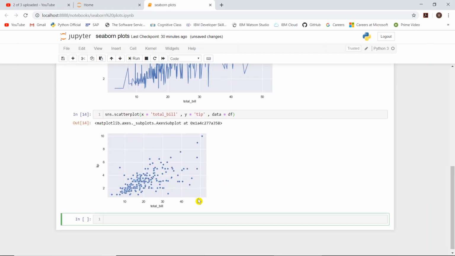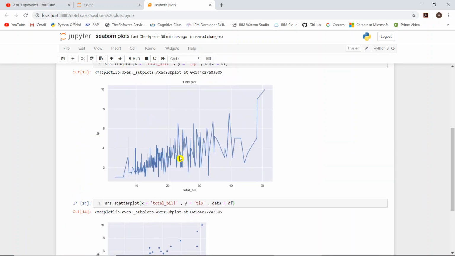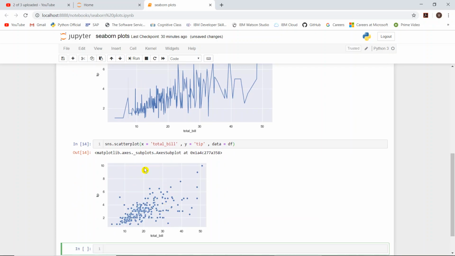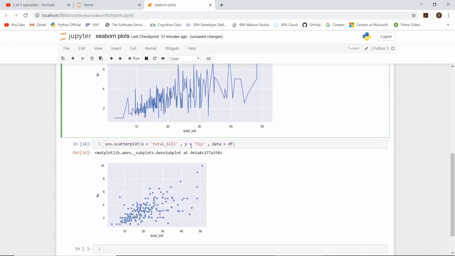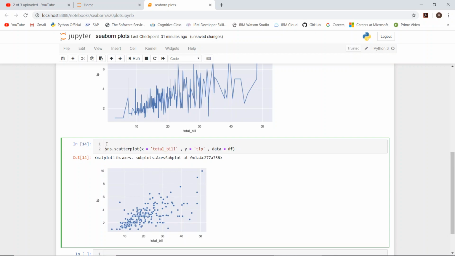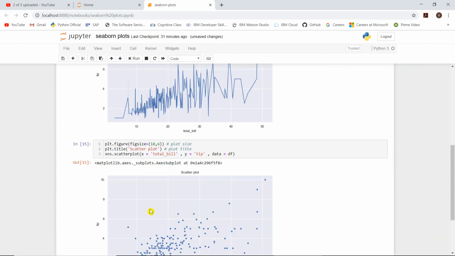Wow, it came up. So here you can see the difference between the line plot and the scatter plot. Let me make this diagram big. To make this diagram big, you need to do this, two quotes. Okay, let's run again.